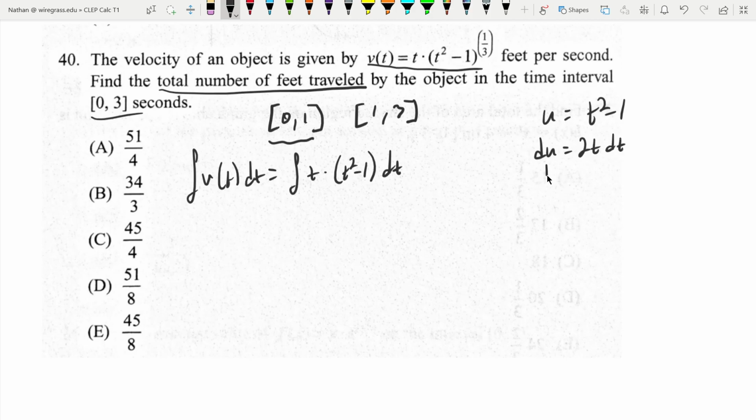Of course, I can move the 2 over and get t dt. So this is my u, and I have a t dt right there. So I get 1/2, I'm just going to move this 1/2 out in front, and I get u to the 1/3 du.